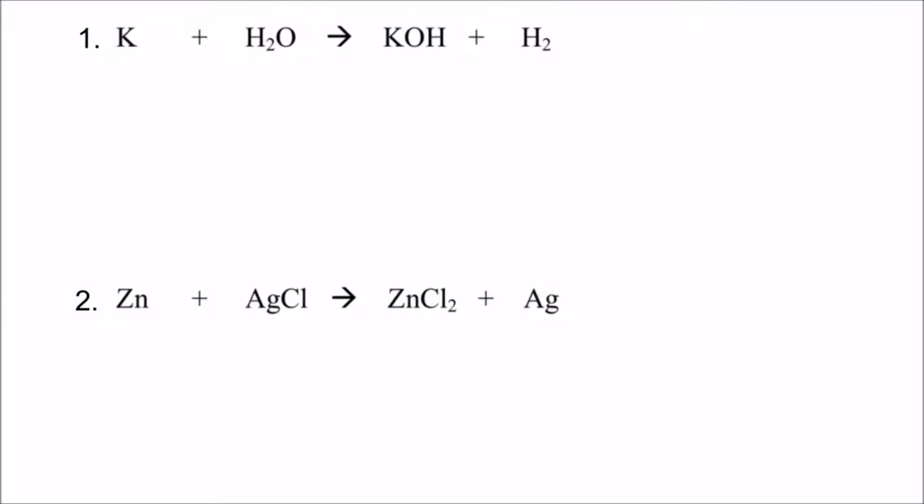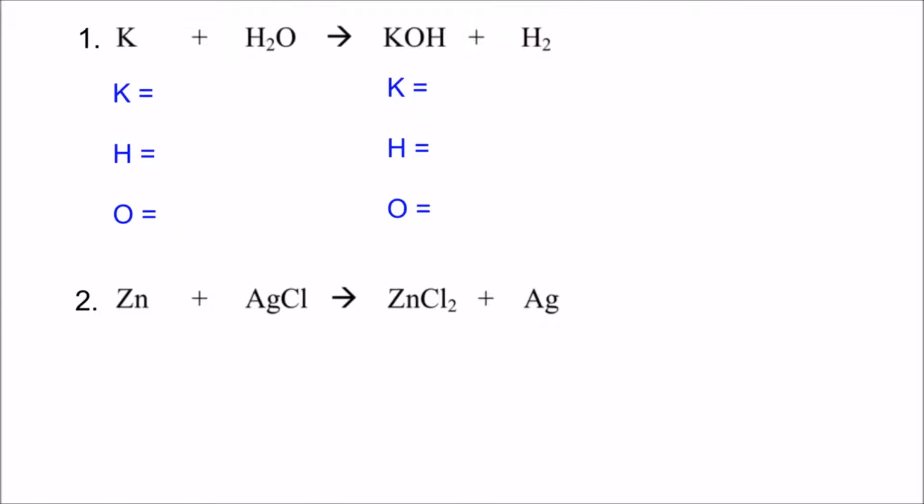What you are going to do is make a list of each of the elements that you come across in the equation in the order that you see them on both sides of the reaction arrow. And you want to write them in the same order on both sides of the arrow. That way you don't get mixed up when you're trying to tally up how many of each element there are.